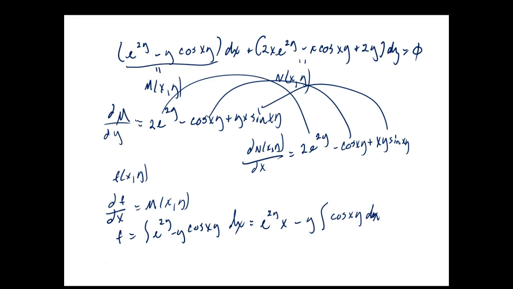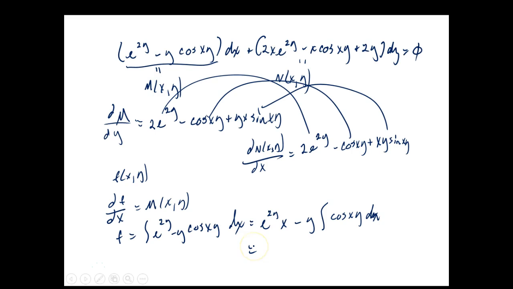Now again, y is a constant. So what do you have here? Antiderivative of cosine is a negative sine. Sine? No. Okay. So this term stays the same, e to the 2y x, minus y times sine of xy.